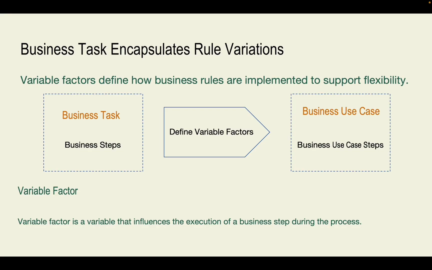A business task encapsulates rule variations. A variable factor is a variable that influences the execution of a business step during the process. Variable factors define how business rules are implemented to support flexibility. When each variable factor is specific, a business use case is formed.